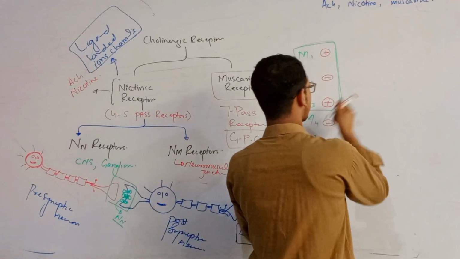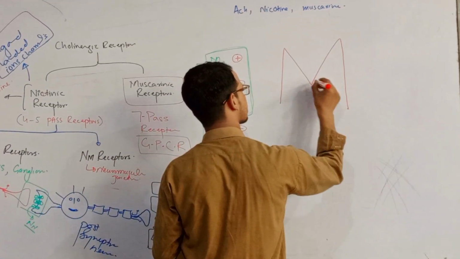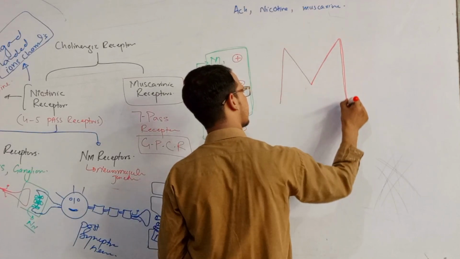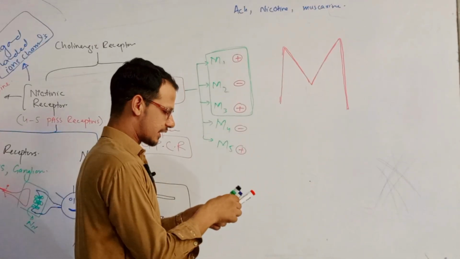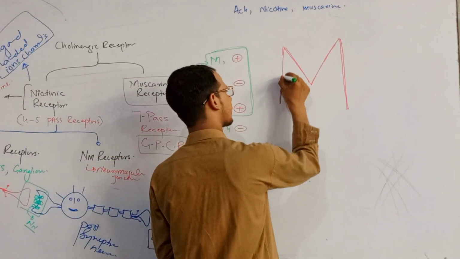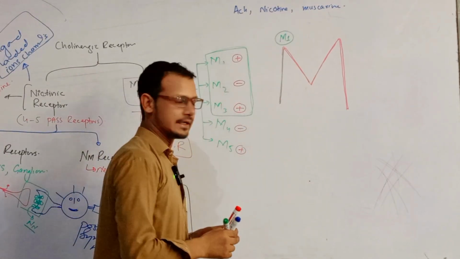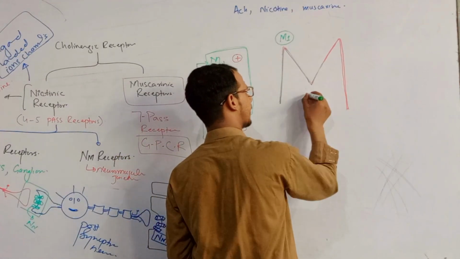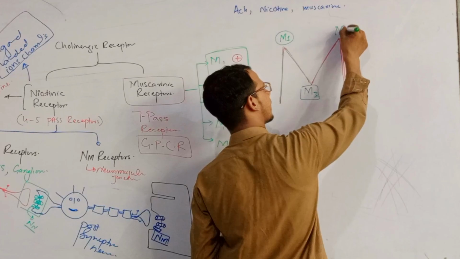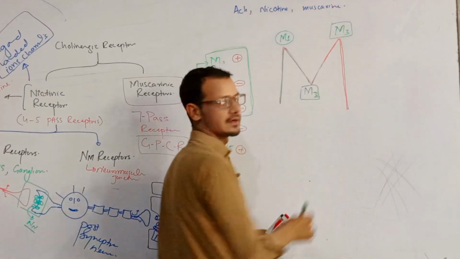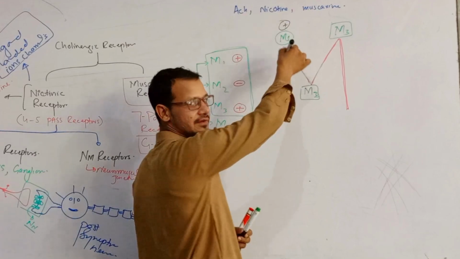For example, this is a muscarinic receptor and it has 3 parts, right? This is the first one, here I have the M1 receptor. This is the second, M2 receptor, and here the third, M3 receptor, right? So the M1 receptor is above, so it is stimulatory.